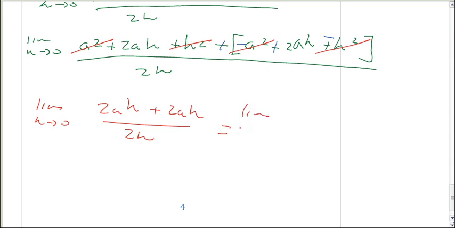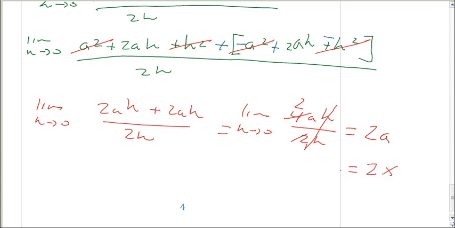Well, you know what? To make it even easier, can't I just combine them? That's just 4ah over 2h. If I cancel out the h's and cancel this, I end up getting nothing to evaluate for h, so it just gets 2a. Now, x and a can be interchangeable, so the first derivative is 2x. So y prime is equal to 2x.